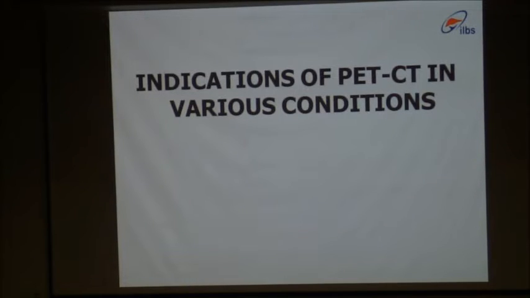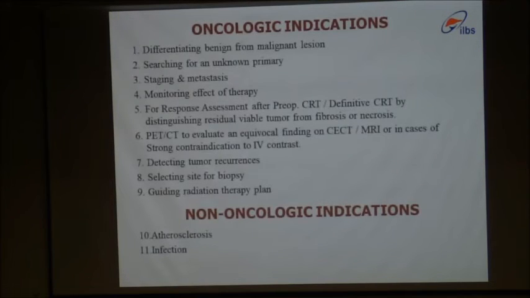These are the indications for PET scan in various conditions. The oncological conditions are differentiating benign from malignant lesions, searching for an unknown primary, staging and metastasis, monitoring the effect of therapy, or response assessment after pre-op CRT and definitive CRT by distinguishing residual viable tumor from fibrosis or necrosis.